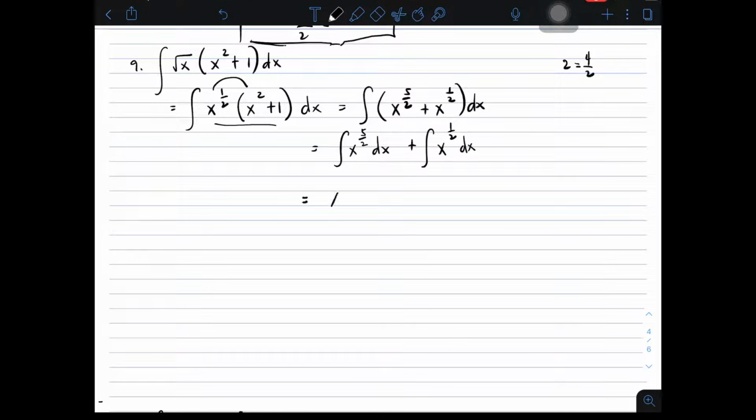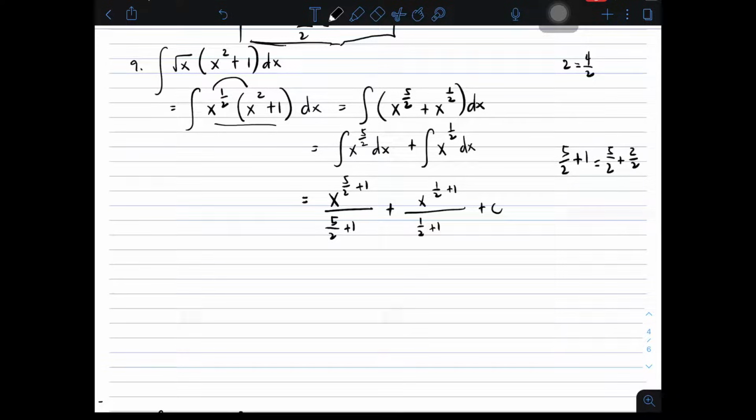So, you have here x raised to 5 over 2, and then mag plus 1 tayo over 5 over 2 plus 1 plus x raised to 1/2 plus 1 over 1/2 plus 1 plus c. So, simplify natin yung exponent. Yung 5 over 2 natin plus 1 is also equal to 5 over 2 plus 2 over 2.